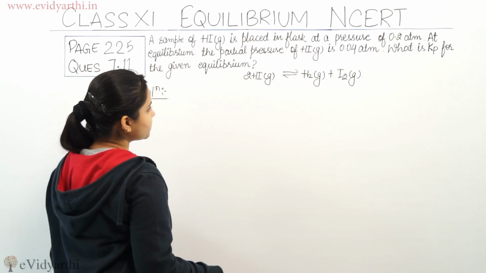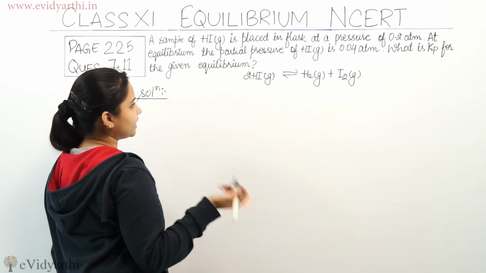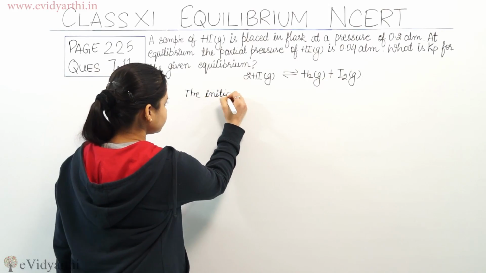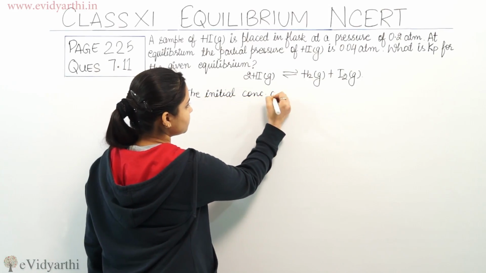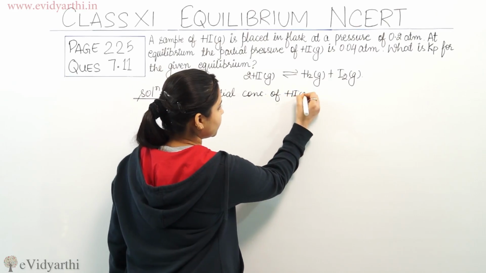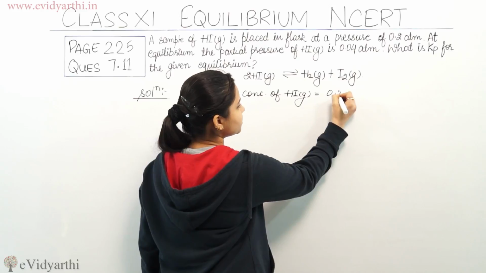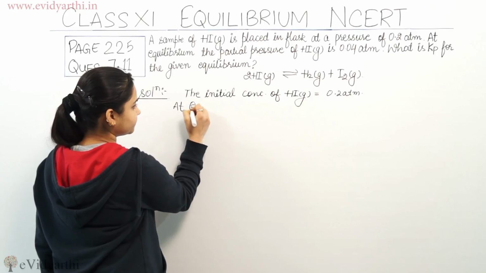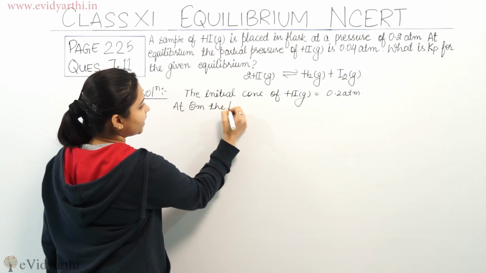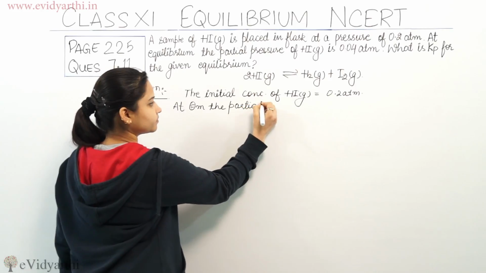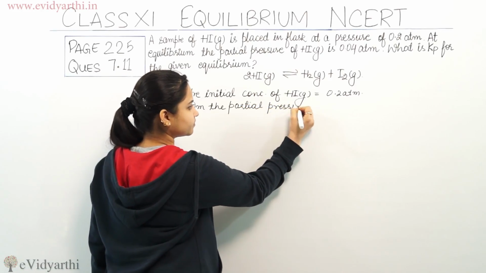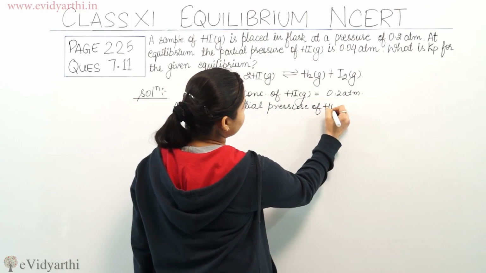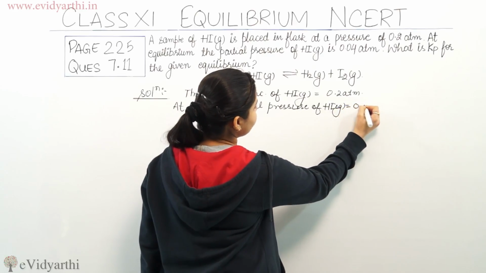See, the initial concentration of HI is equal to 0.2 atm. Okay? At equilibrium, the partial pressure of HI is equal to 0.04.